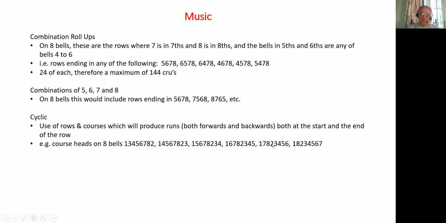And starting from the next course end, 1 7 8 2 3 4 5 6, you're going to get 3 4 5 6s at the back of the row, and then the final one, 4 5 6 7s at the back of the row.